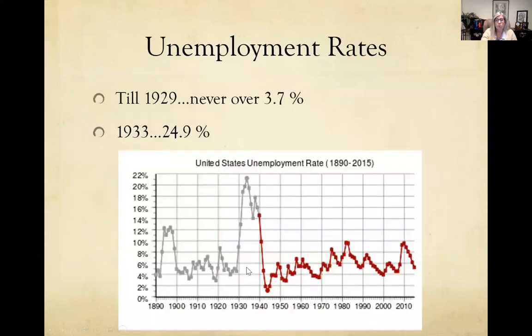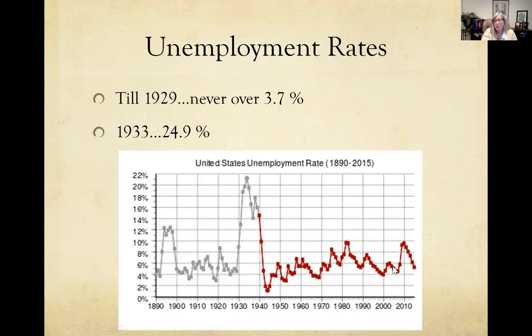All right, so look at this unemployment rate. We know that everybody was booming here in the 1920s. We've got everybody having a job here in the 1910s and 1920s. But then look what happens. Here's the stock market crash. Unemployment here goes up to right around 25%.